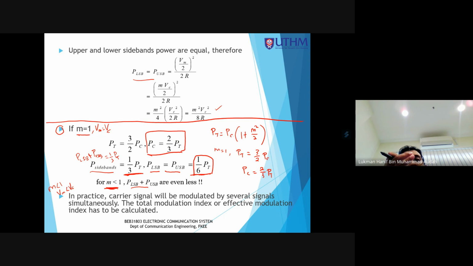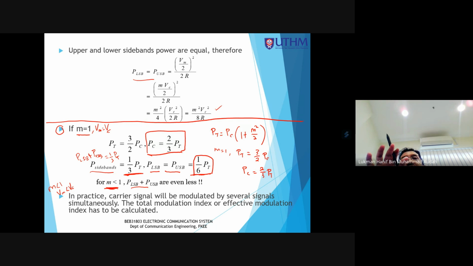But now the situation for double sideband full carrier is that the sideband power is very small, while the carrier power is very big. And as I said previously, the carrier itself does not contain any information.